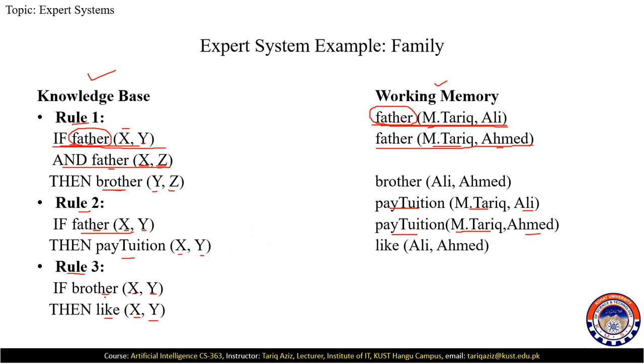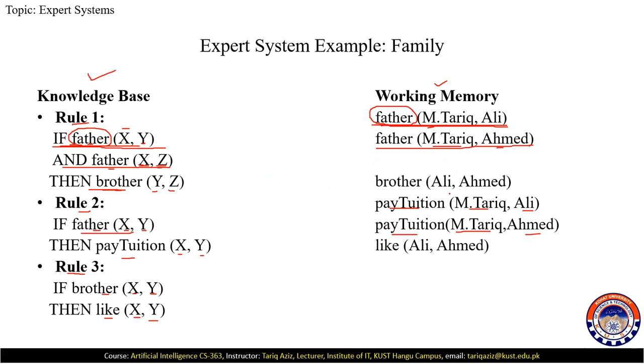Now rule 3 says, in the then part, we missed this part, that if X is the father of Y and X is the father of Z, then Y is the brother of Z. So in this case, Mr. Tariq is the father of Ali, and Mr. Tariq is the father of Ahmad too. We already looked at this.